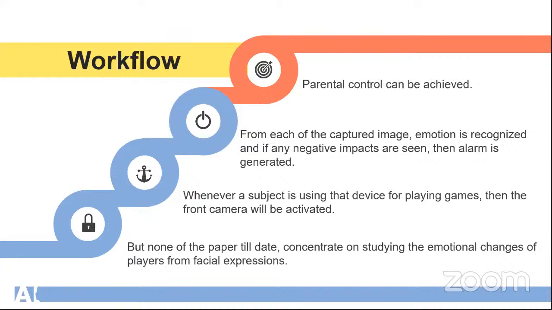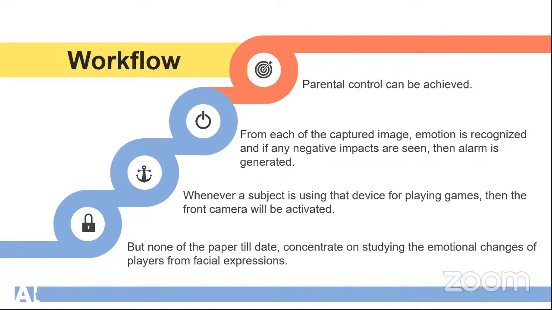We can develop an app in such a fashion. After activation of the front camera, your facial image can be captured, and from the facial image the emotion can be recognized. If any negative impact is classified from the facial image, then an alarm can be generated, and alarms can be generated to the parents as well. So this is what we are doing.